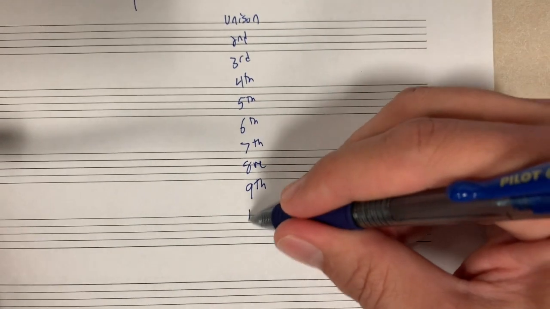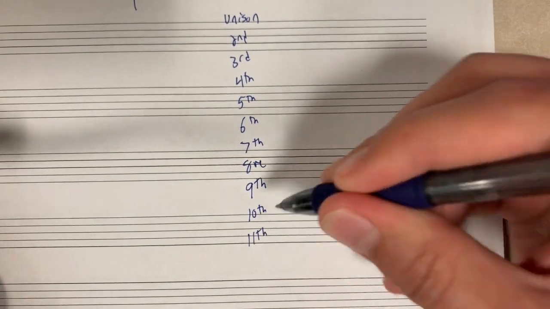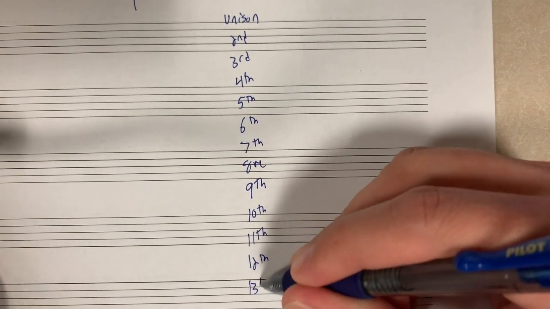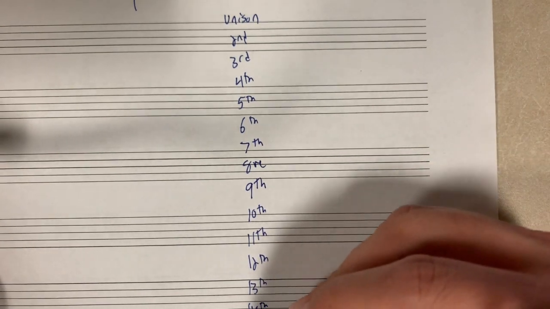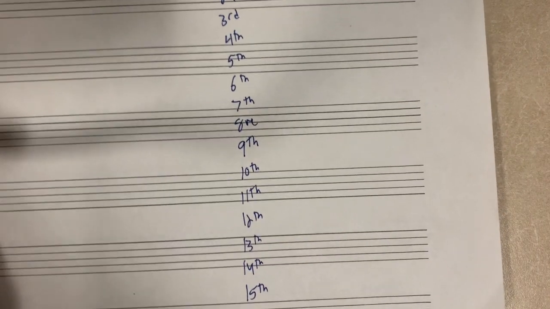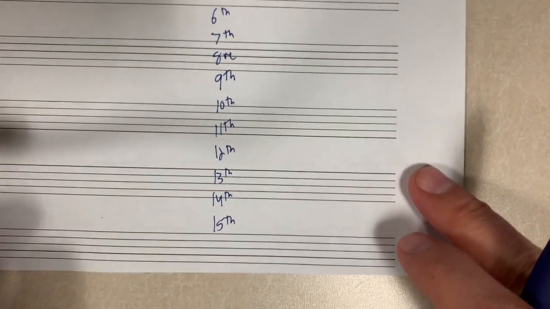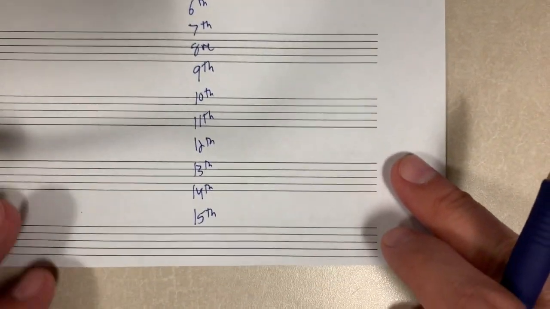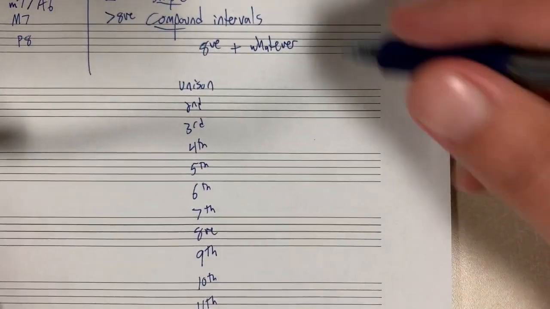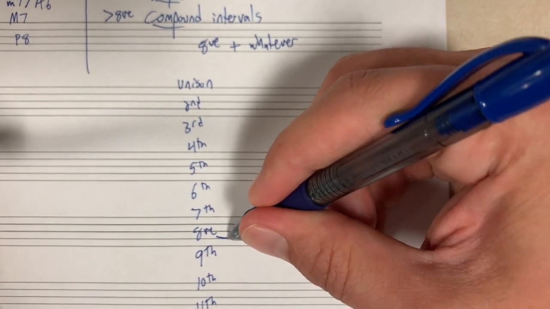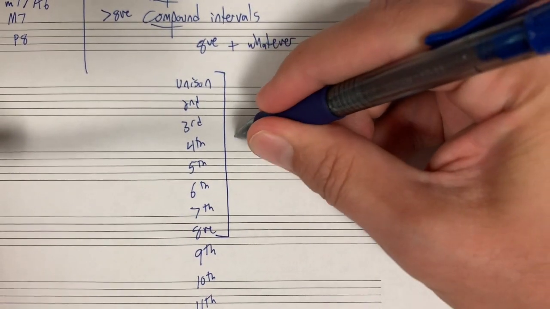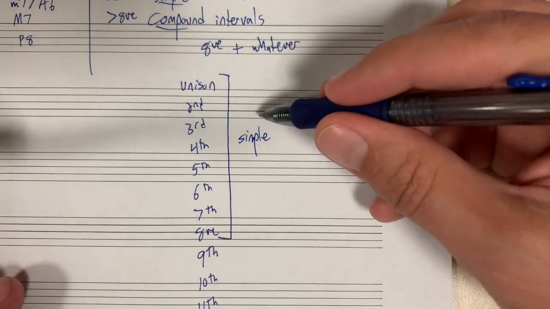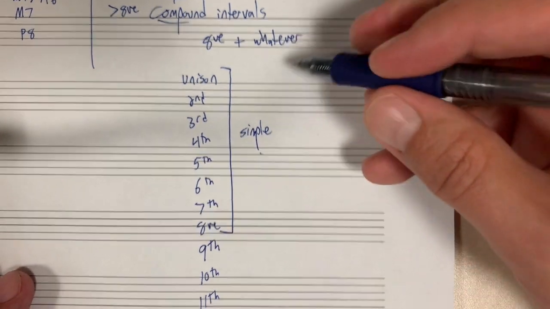It is a ninth. And we can go to a 10th, and an 11th, and a 12th, and a 13th, and a 14th, and a 15th. But once you get down to the 15th, you're way beyond what people are usually going to call by these names. Instead, usually people take these simple intervals and reuse these names for compound intervals.